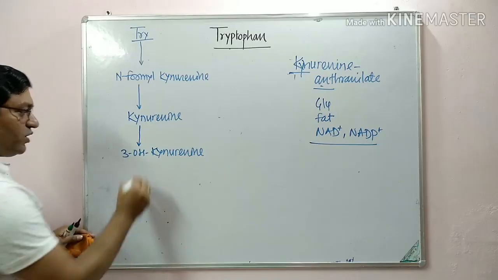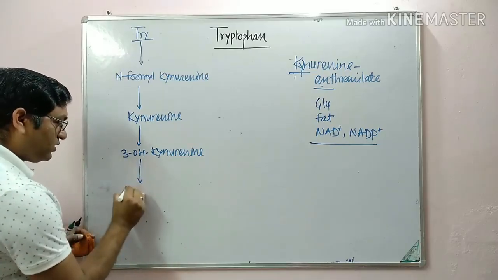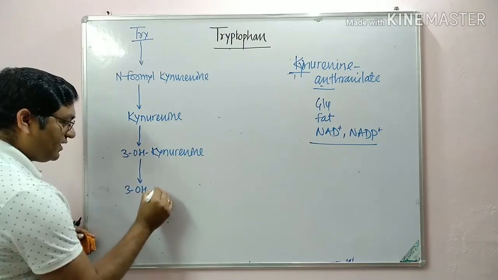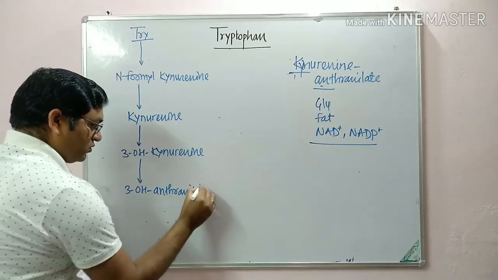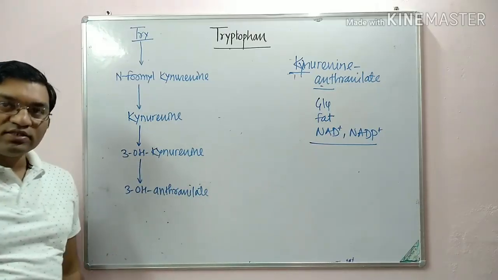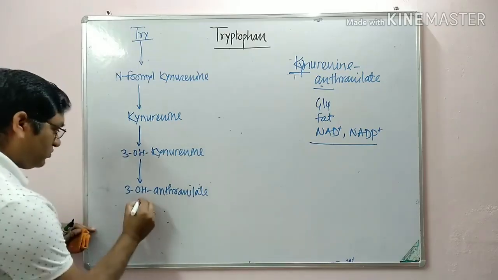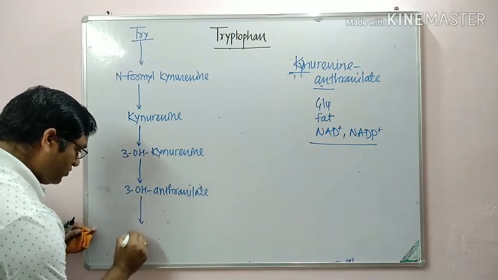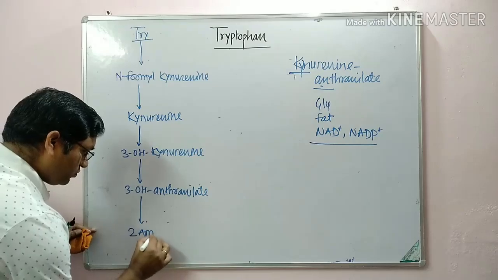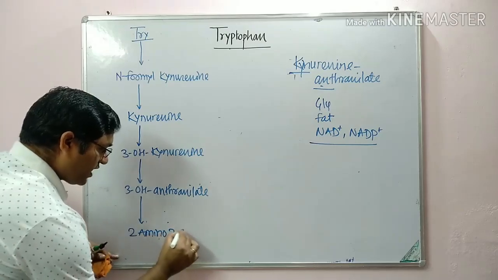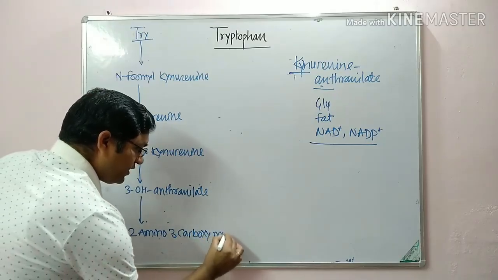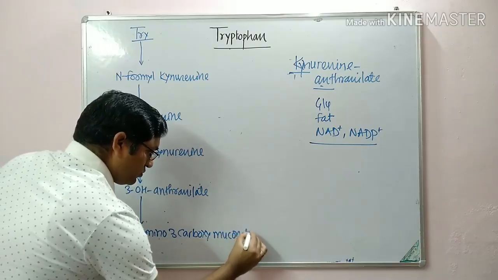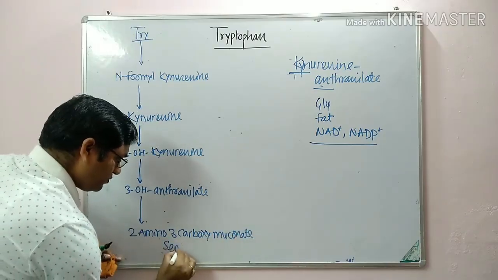With the help of kynureninase, it is converted into 3-hydroxyanthranilate, which is converted into an unstable compound, that is 2-amino 3-carboxymuconate semialdehyde.